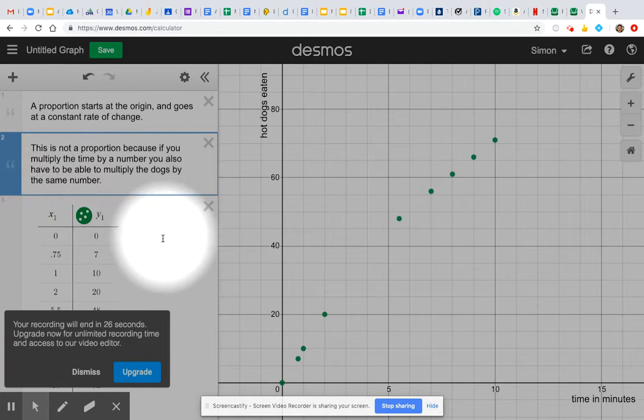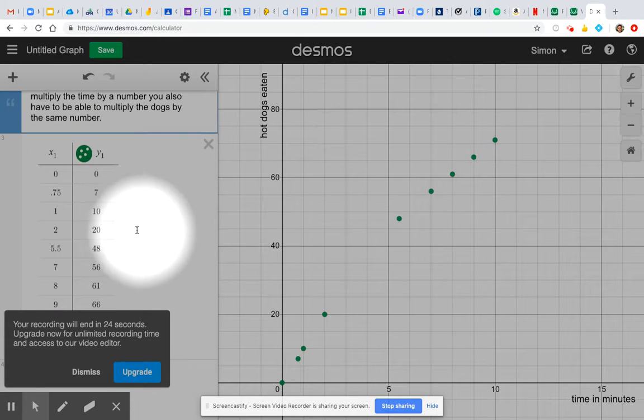For example, if you multiply to get from 2 to 8, that's 4 times as many minutes. It should be 4 times as many dogs, but it went from 20 to 60, not 20 to 80. So that's how we know it is not a proportion.